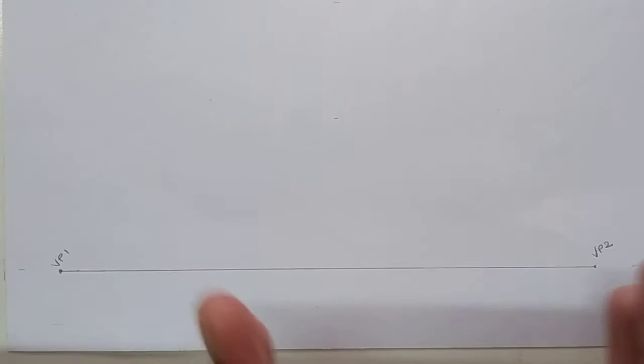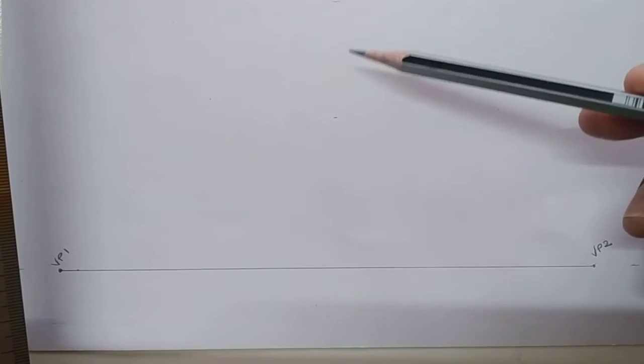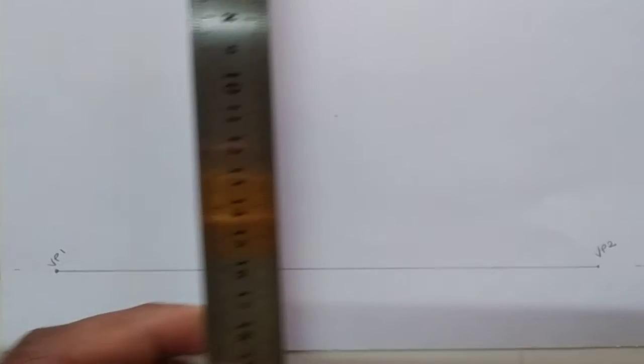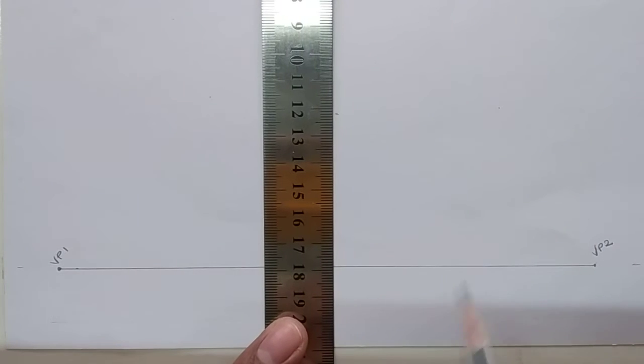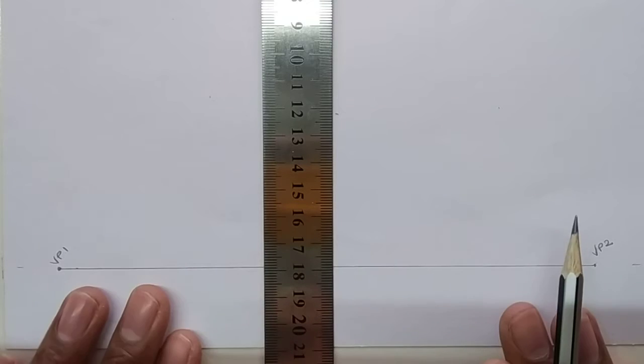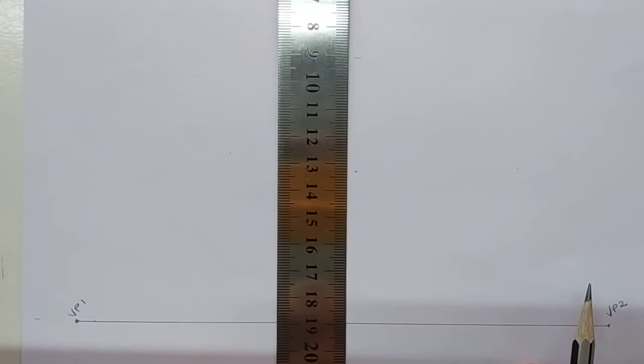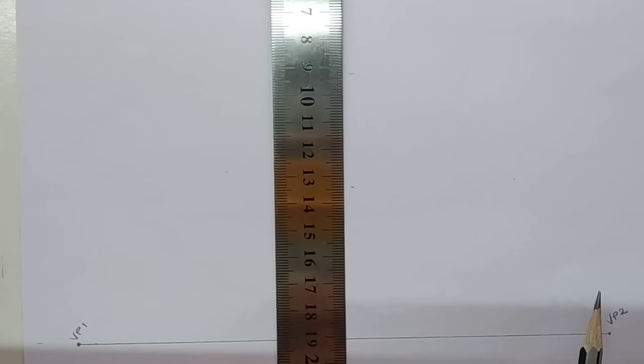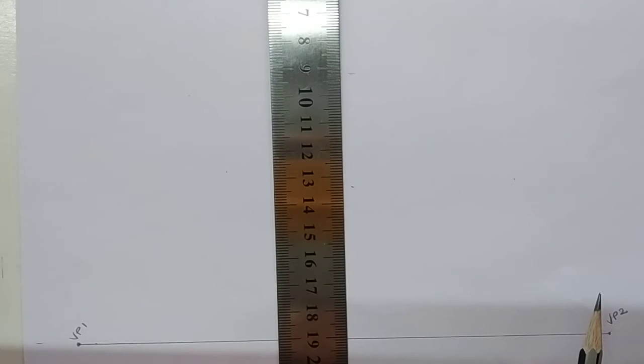Before I place the third vanishing point, I'll draw a vertical line that crosses over the horizon. I'll place this vertical line right in the center of the horizon, somewhere here.